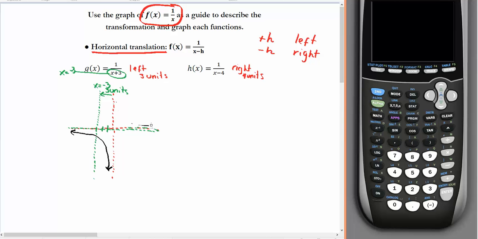So now the vertical asymptote is there, and our curve is no longer here. This one is going to be over here, and this other one is going to be here.